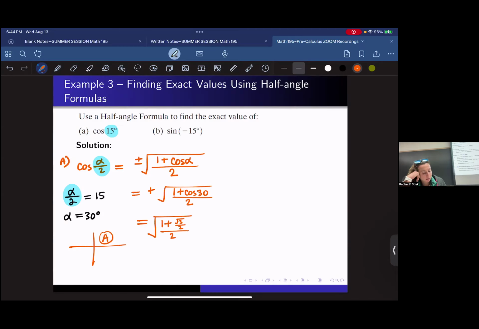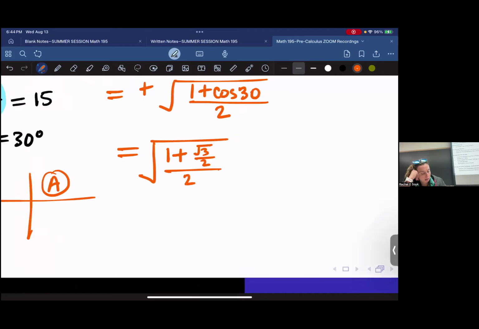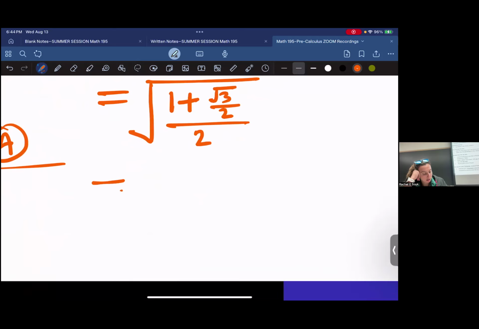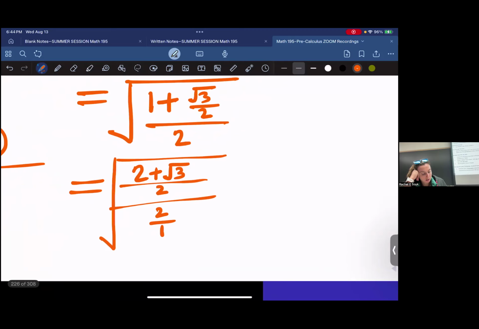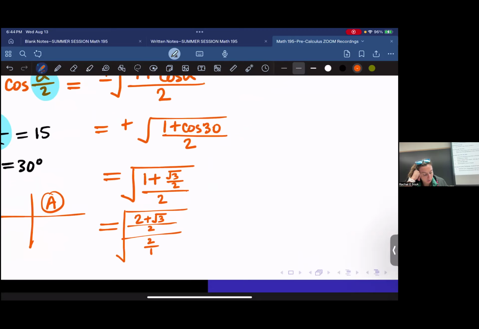And then we can simplify this a little bit more, right? Because that looks a little ugly. 1 is the same as 2 over 2, so we have 2 plus square root of 3 over 2, all divided by 2, which as a fraction is 2 over 1. So when we keep, change, flip, we get 2 plus square root of 3 over 4.